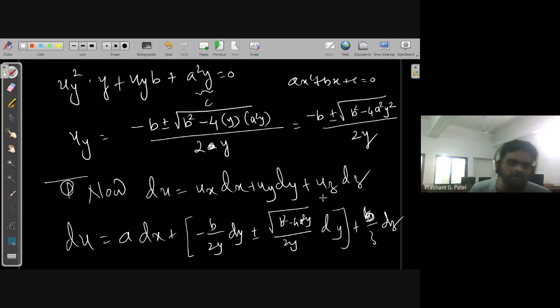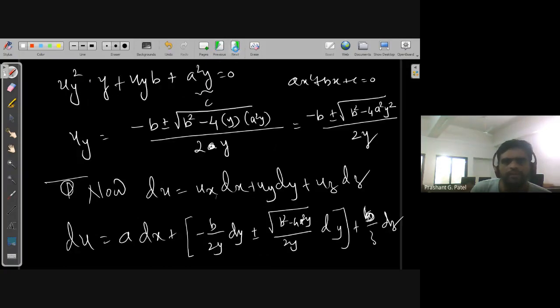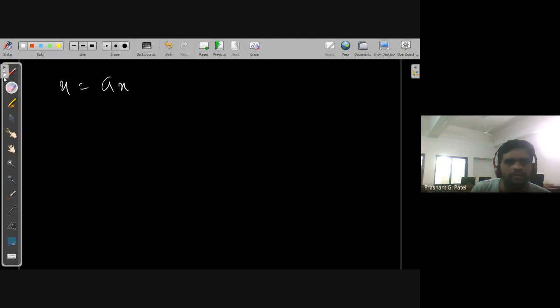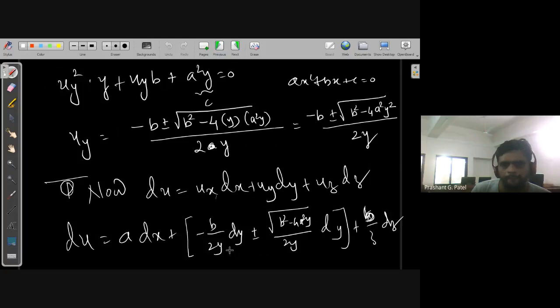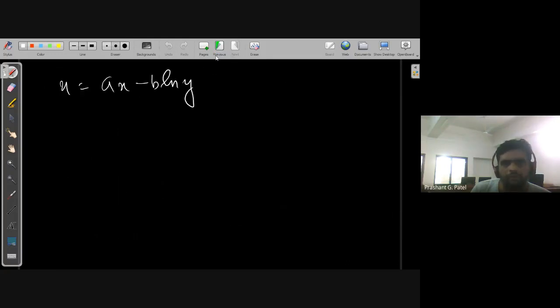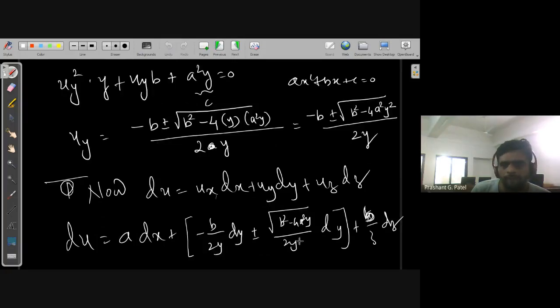If I take the integration, we'll have u equal to ax plus this gives me minus b into ln y, with 1 upon 2 there, plus or minus here you can integrate this one.